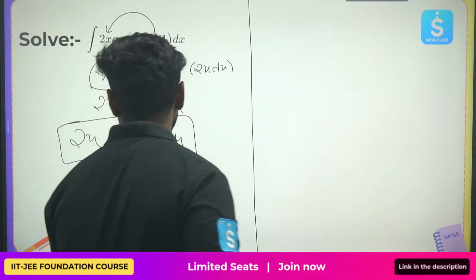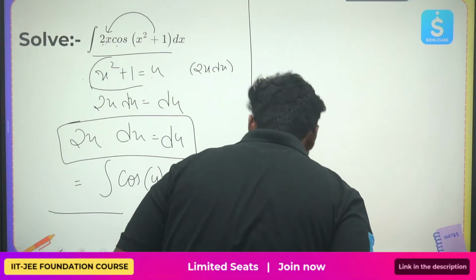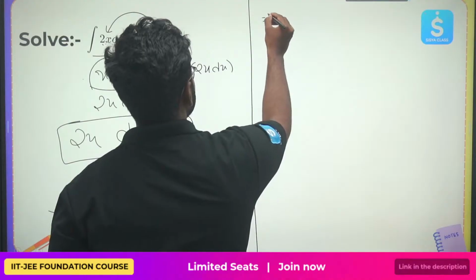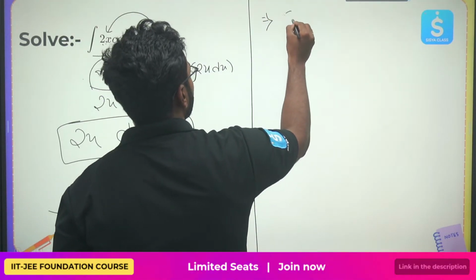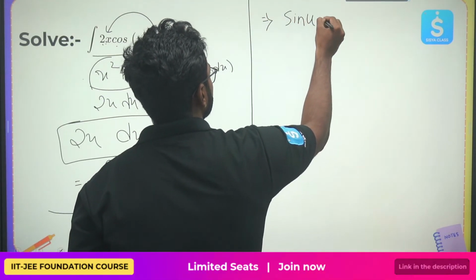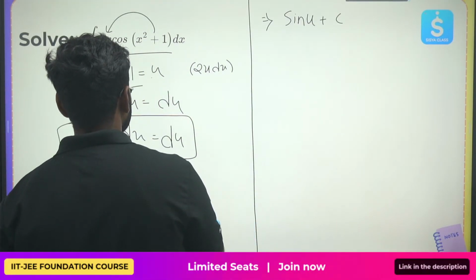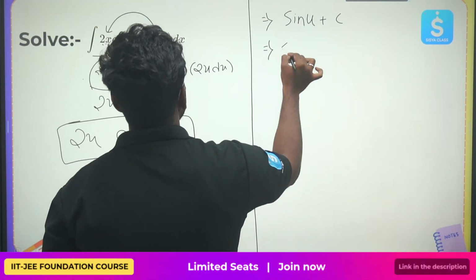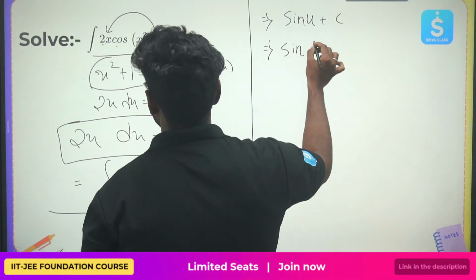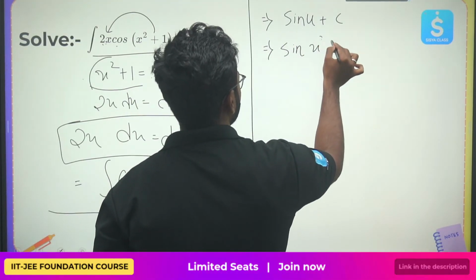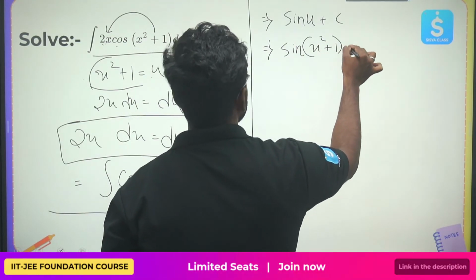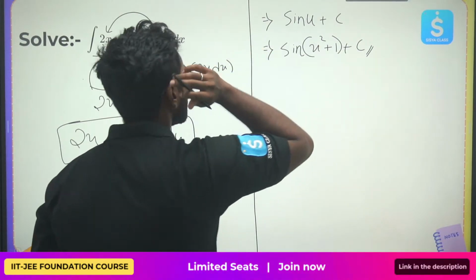So now we would be getting integral of cos u, which is sin u plus c. Great. We know the value of u, which is x square plus 1, so the answer is sin of x square plus 1 plus c. Hope you all understood this.